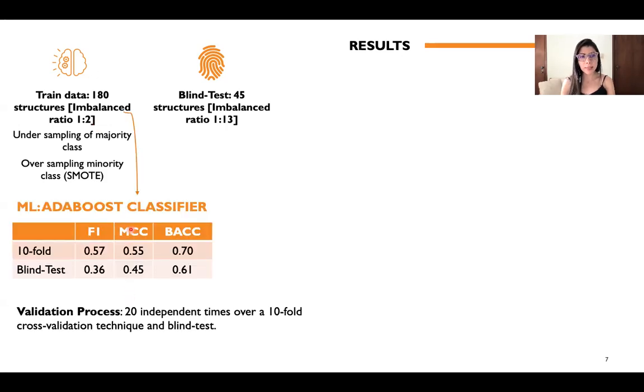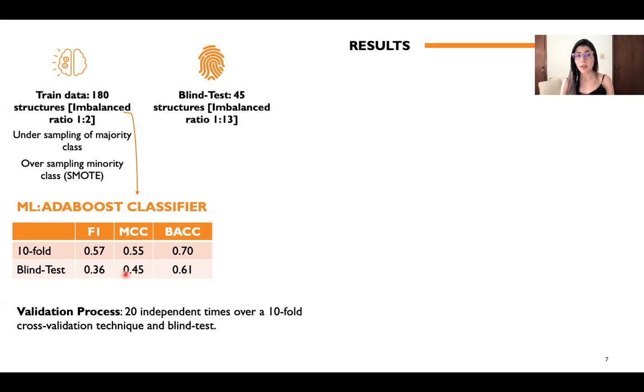And we can see here that with this classifier, it's remarkable that it achieved a good performance on the cross-validation with a Matthews correlation coefficient of 0.55. And taking the benchmark set as a blind test here, remember the benchmark data set composed of 45 new antigen structures.